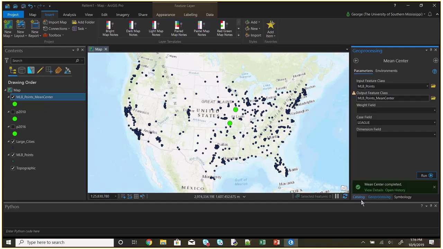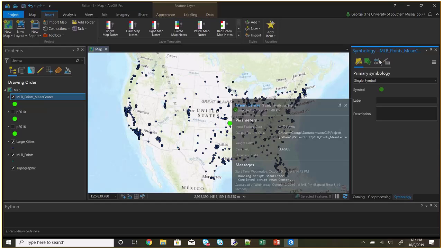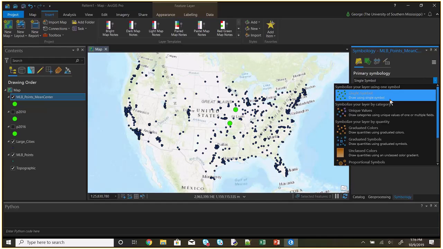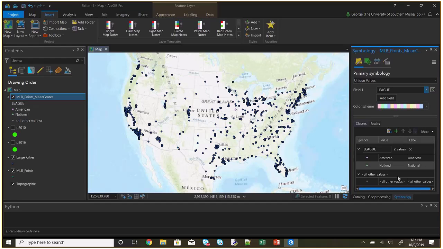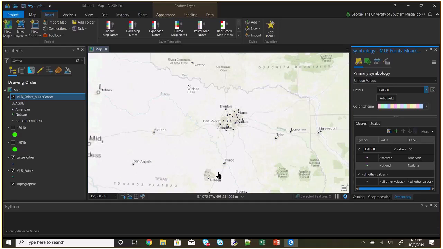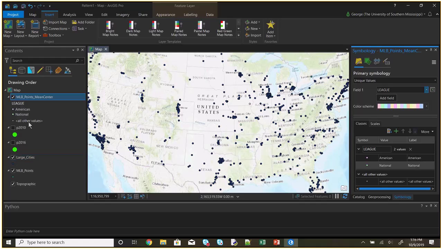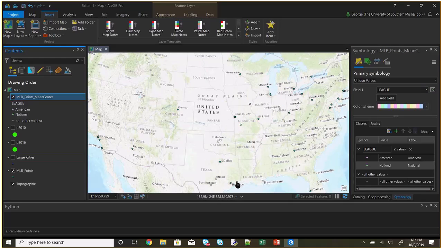So here, if I go to symbology, I don't know which one of these is which. If I say unique values and league. So it's hard to see, but the average American League team is right there, and the average National League team is right there. This might be old data, because Houston did switch, right?